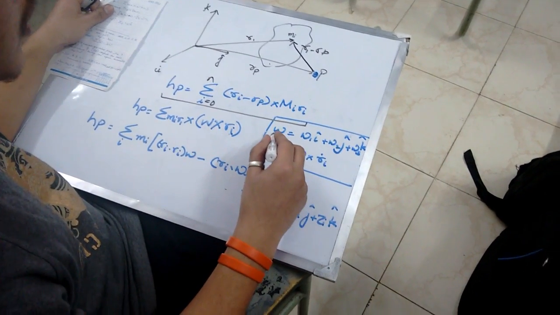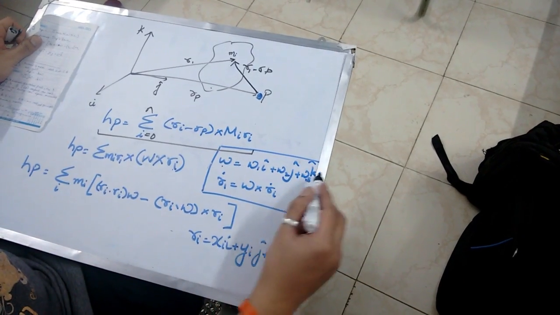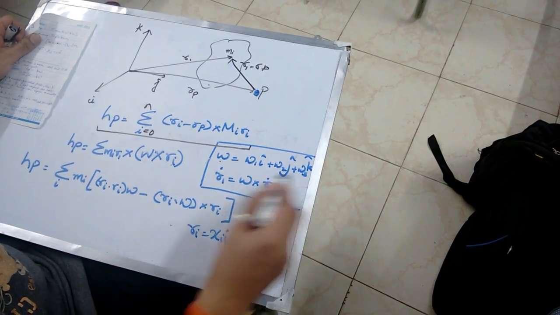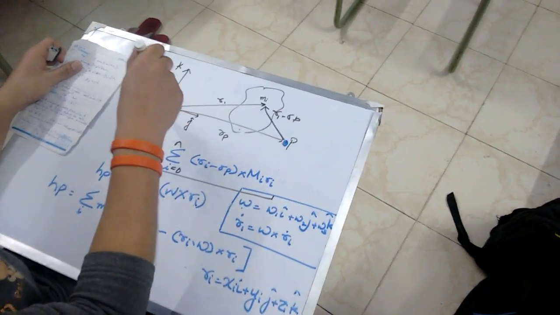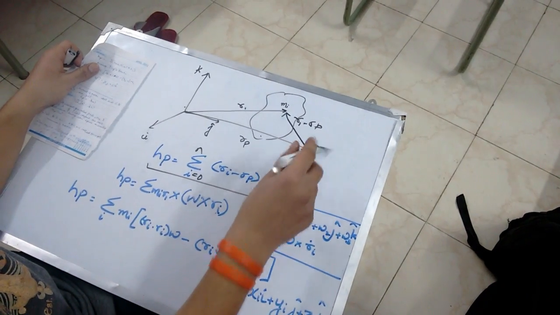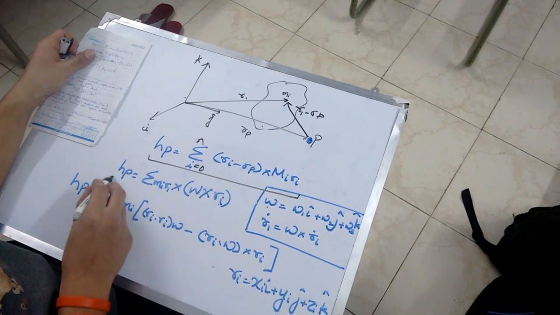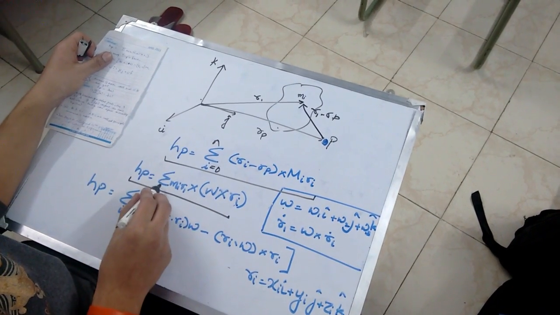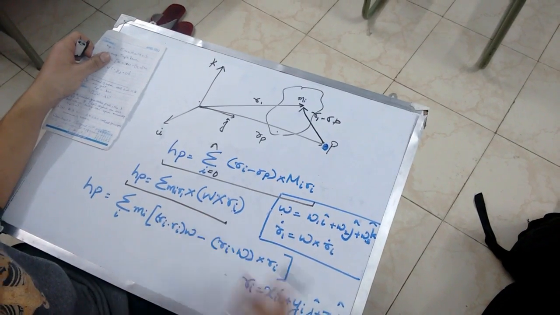Now we'll use omega equal to omega 1 i cap plus omega 2 j cap plus omega 3 k cap, and we'll consider that this point is at origin and the velocity of the point is 0. So the equation will reduce to this: angular momentum equal to summation of mi into ri cross omega cross ri.